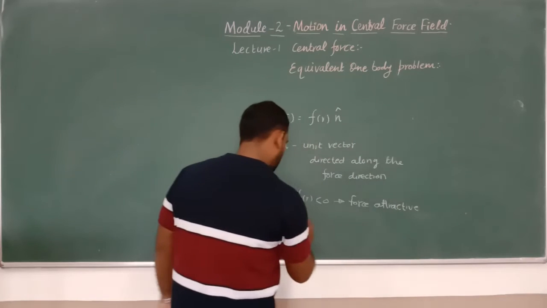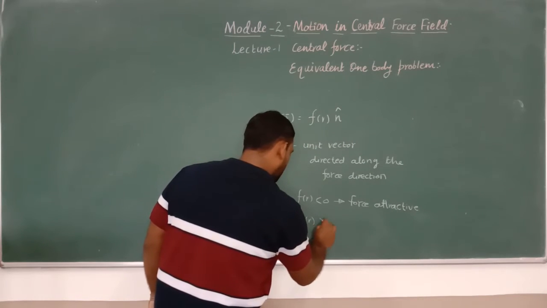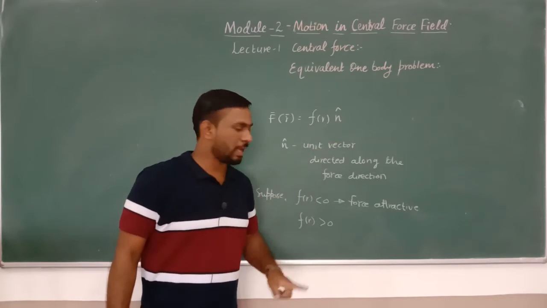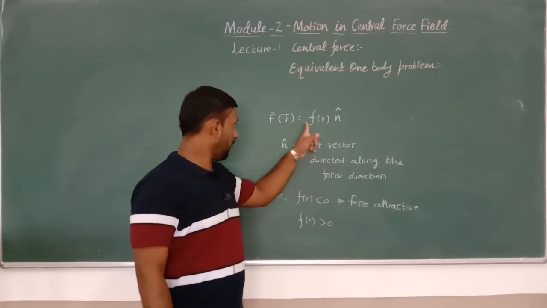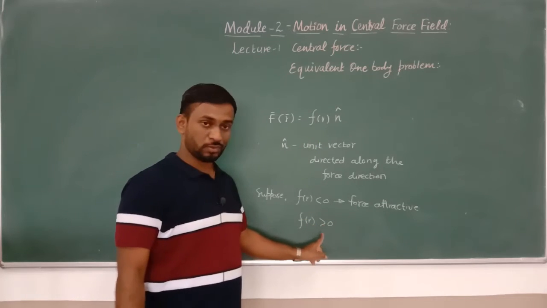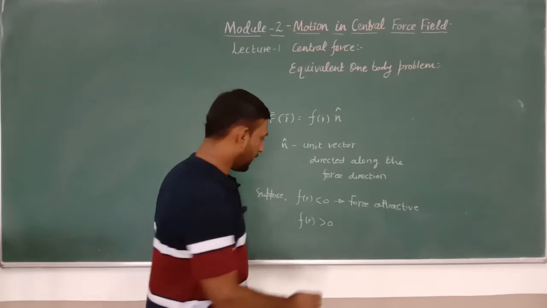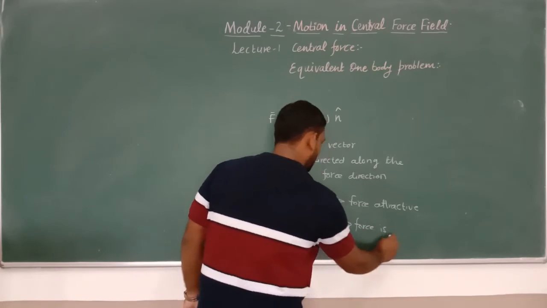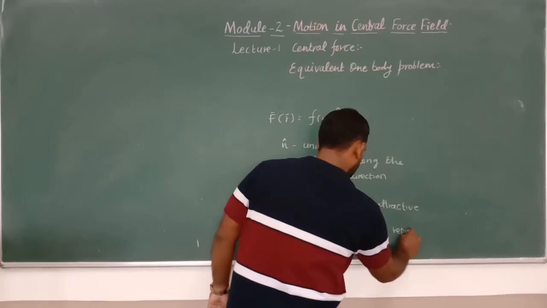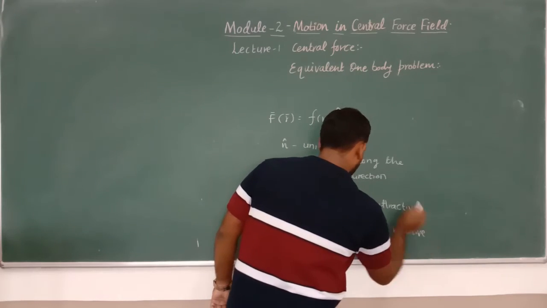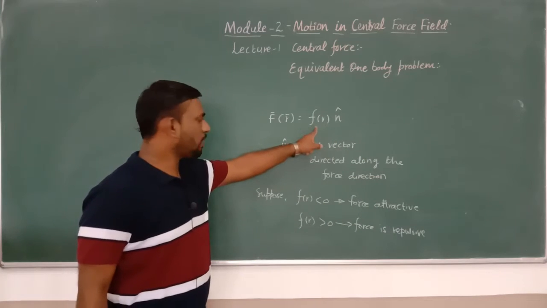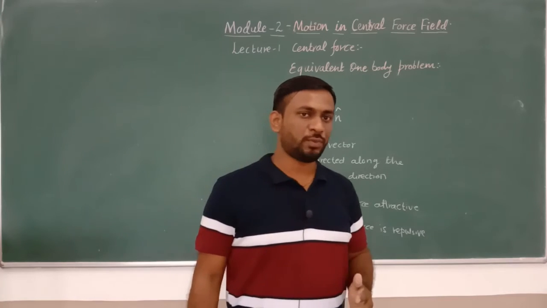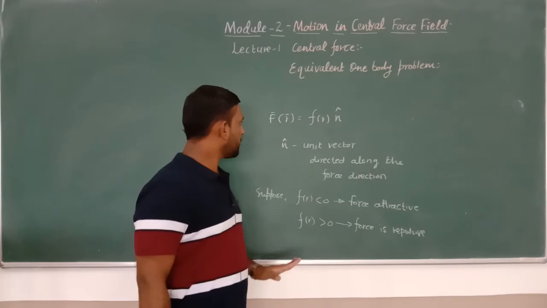And if F of R is greater than 0, that means it is positive, in that case the force is repulsive. When F of R is negative, the force is attractive. So from the value of F of R we can categorize whether the force is attractive or repulsive. So this is about the central force.